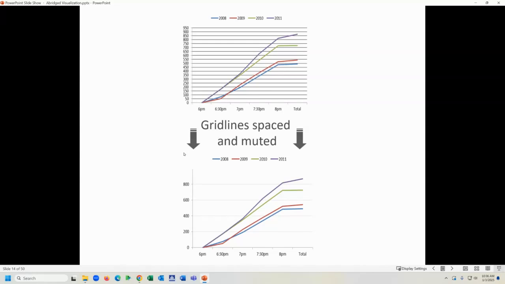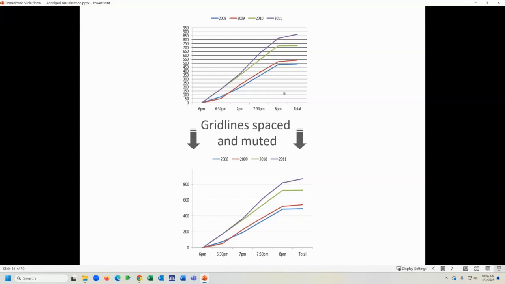Look at a typical kind of bar graph here, and you'll notice the bottom one is a lot easier to read. What's wrong with the top one is we've got too many grid lines, and this is Edward Tufte, who has written some wonderful books about visualization. He calls this chart junk, non-information in the graph.